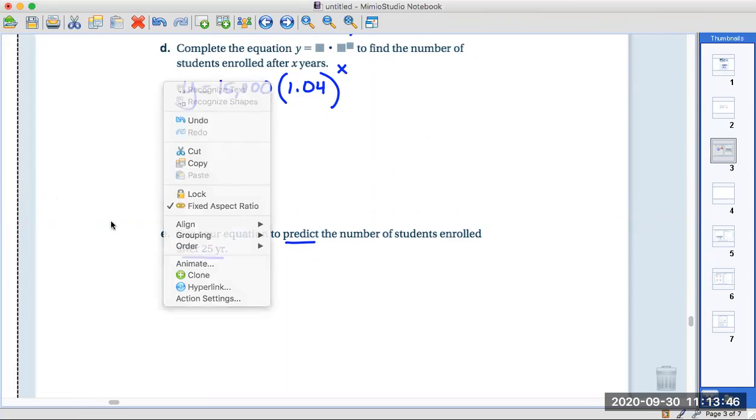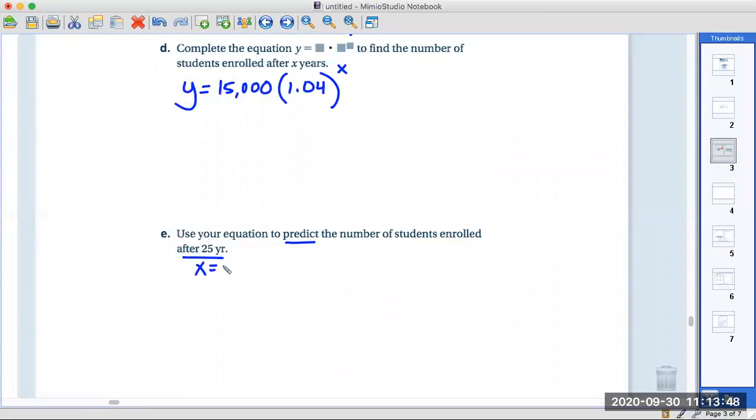So we're going to plug in for X 25 and use our calculator, right? Because X is the number of years. So Y is the number of students, 15,000 to start with, growth factor to the power of 25. Use your calculator.